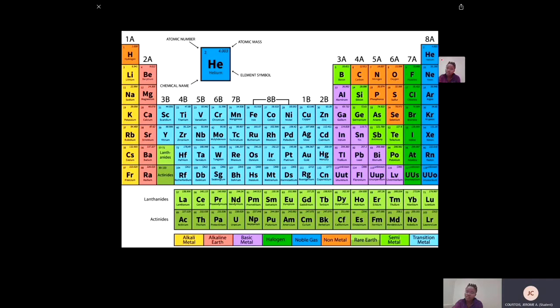Okay, and here's the important question. Can you tell me how many neutrons are in most helium atoms? The neutron, it's meant to be neutral, that I know.